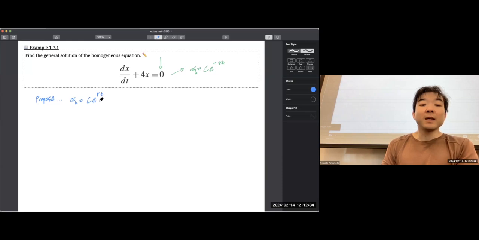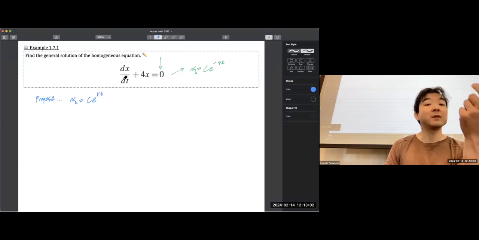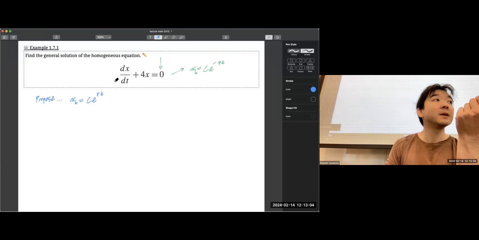Because if you plug an exponential into this derivative, you would get, because of the chain rule, the r will pop out, but you'll still have e to the rt. And then if you plug c e to the rt into this x, you'll also have an e to the rt. Then both terms will have e to the rt. And the question is, can I figure out constants for c and r that will get the left-hand side to add up to 0?